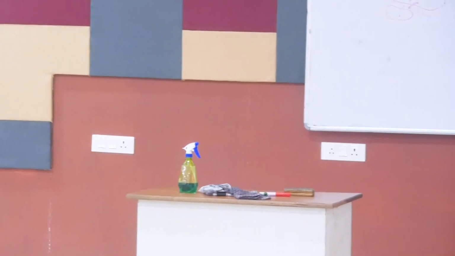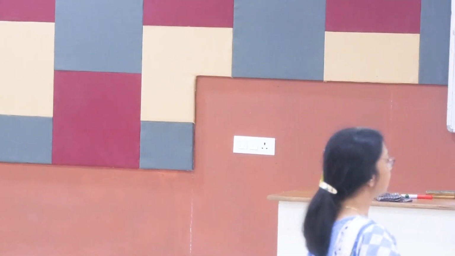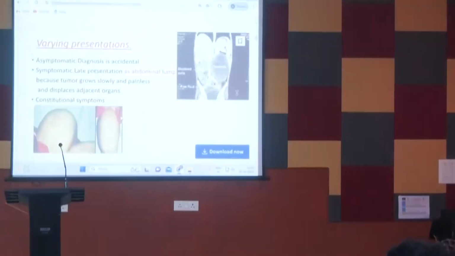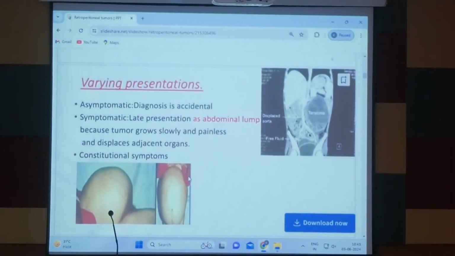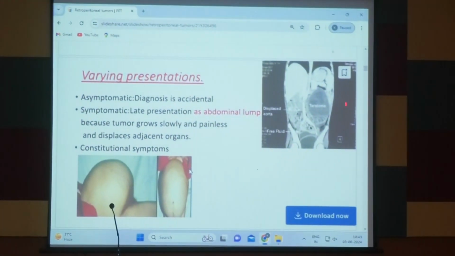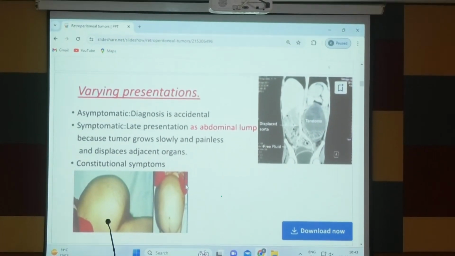These were being said: abdominal lumps, painless tumors, slow growth, constitutional symptoms. When you do a CT scan, you see such big lumps, and the patients will have symptoms only when they put pressure on the underlying vascular systems.